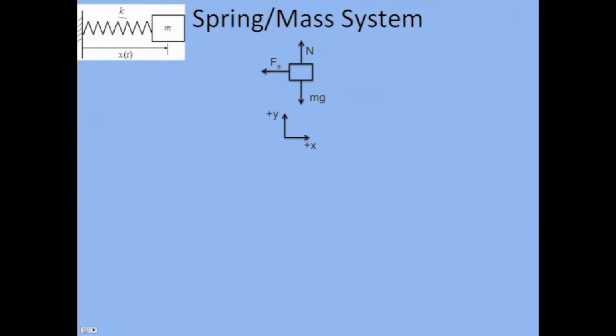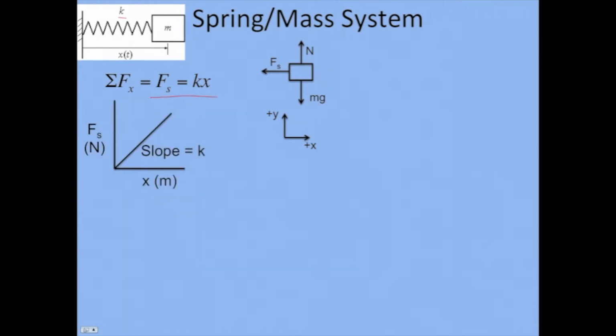If I have to the right positive, and I extend the spring, it would be pulling back in the negative direction. If I compress, the spring pushes back opposite to the direction of x. But usually we just say the force of the spring is kx, and when we do a graph, we make it positive, but if you have to think about the direction of the spring, just think how springs work.